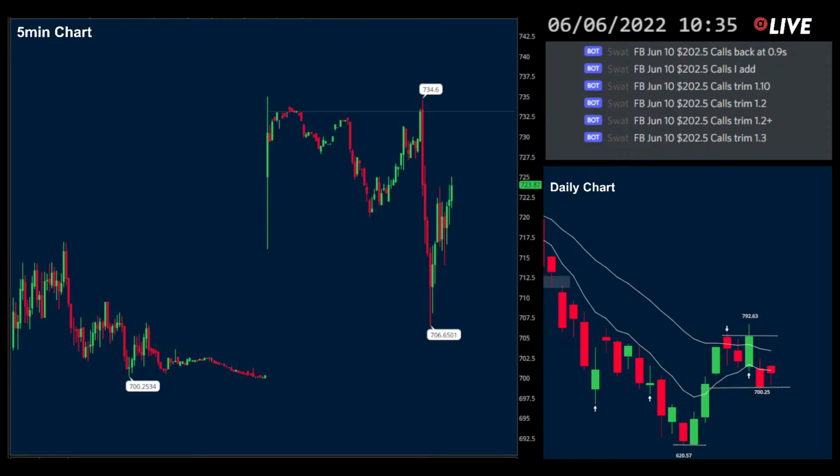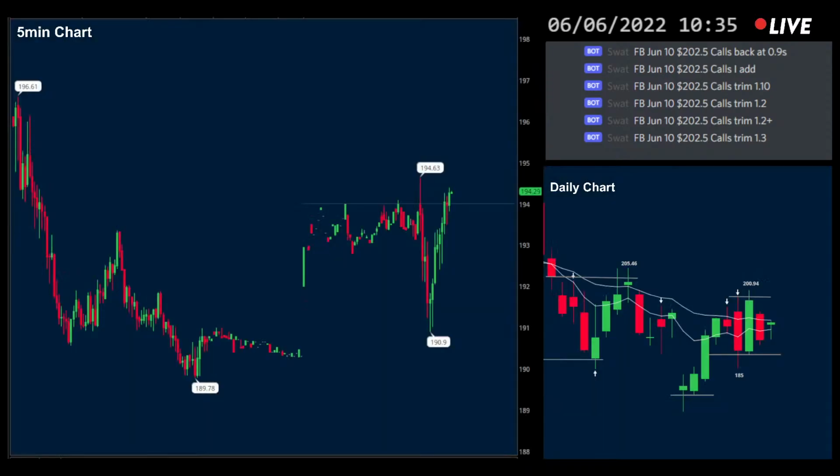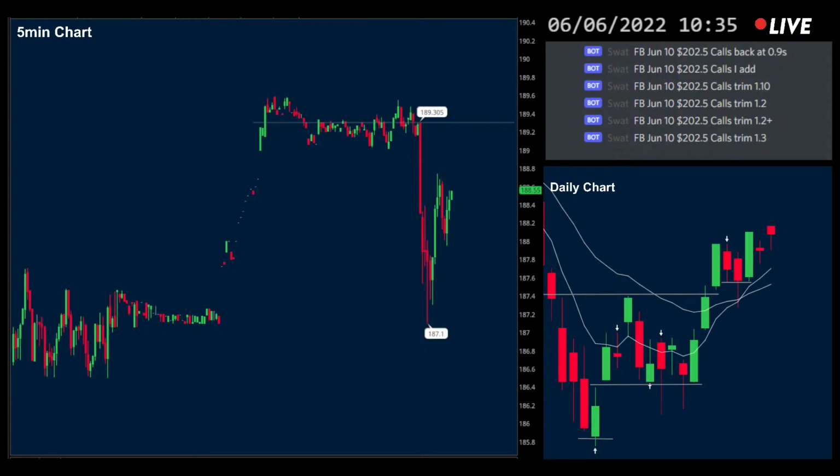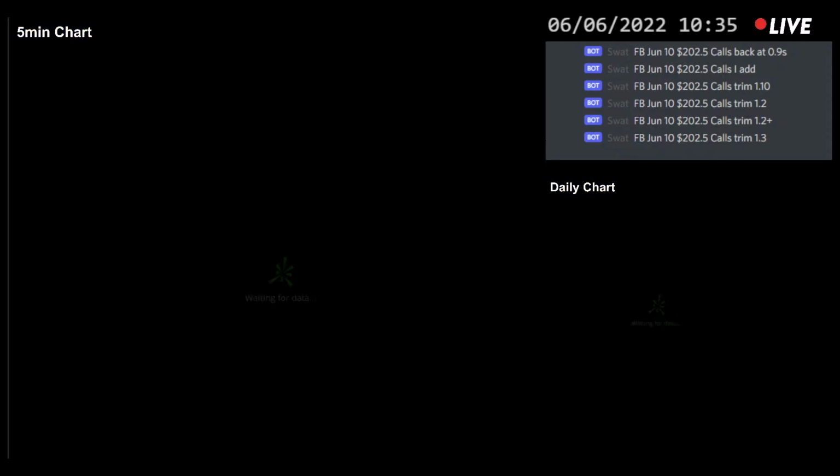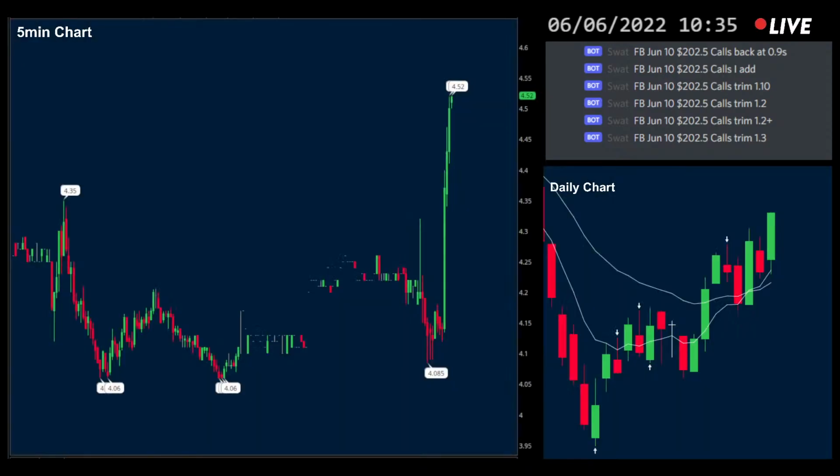Market red, still on the green. FCL, nice move.